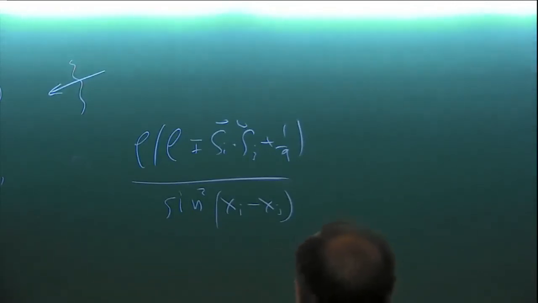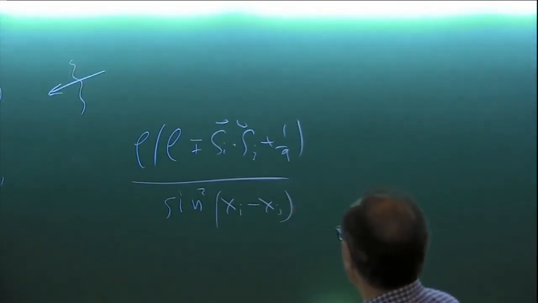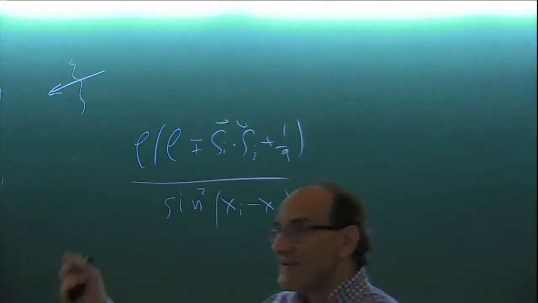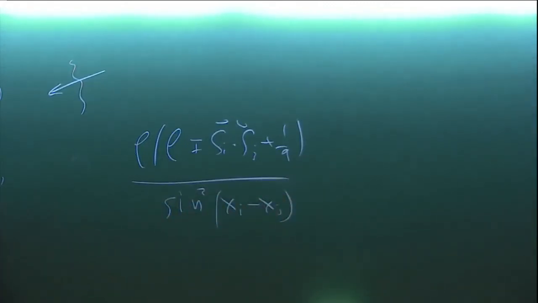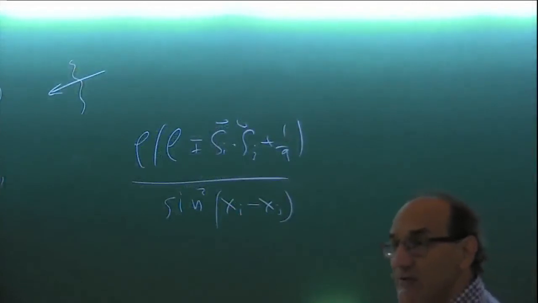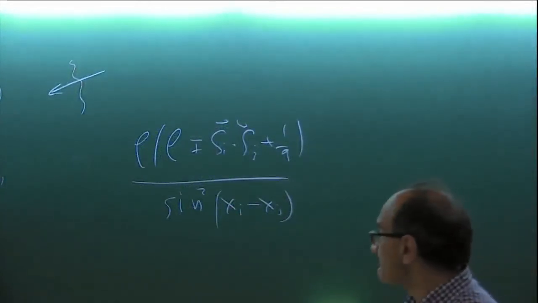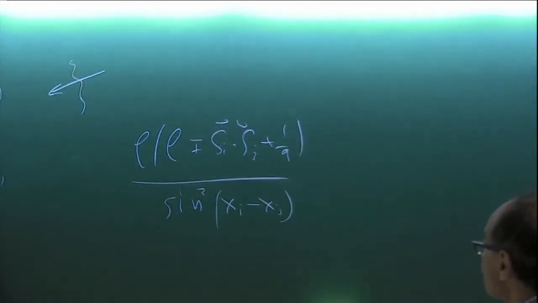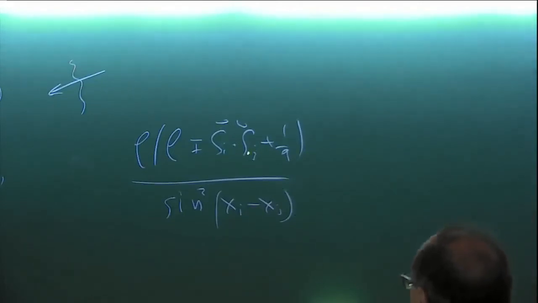However, something else which is interesting happens. Because this interaction is very strong, the vibrations of the atoms around their equilibrium point will be very small. So the quantum fluctuations of this 1 over sine square (x_i minus x_j) will be very, very small. But the coupling of the spin degrees of freedom to the coordinate degrees of freedom is simply through this term.